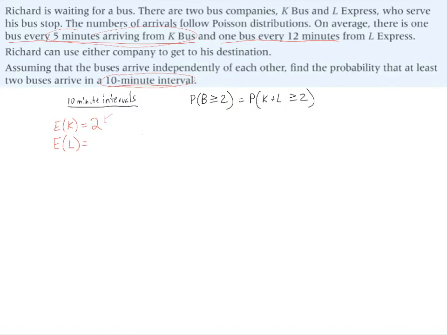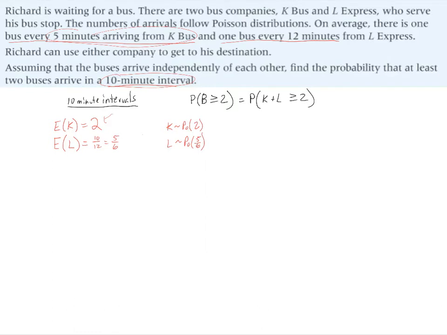We'll do the same thing with L. We'll take the 10 minutes and divide by 12, which then gives us 5 over 6. So what that means is it does say that these are Poisson distributions. So that means that K is a Poisson distribution with an expected value of 2, and L is a Poisson distribution with an expected value of 5 over 6.